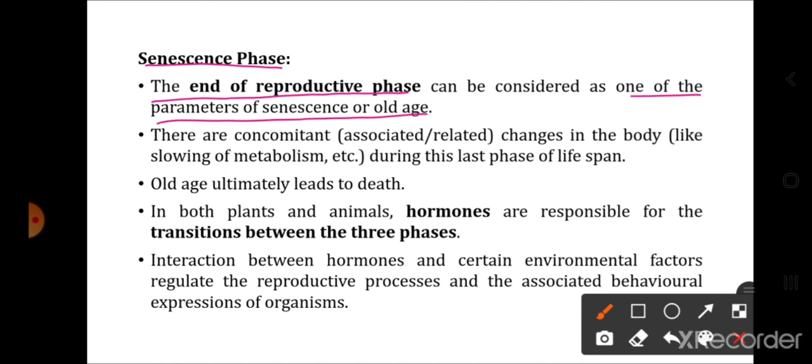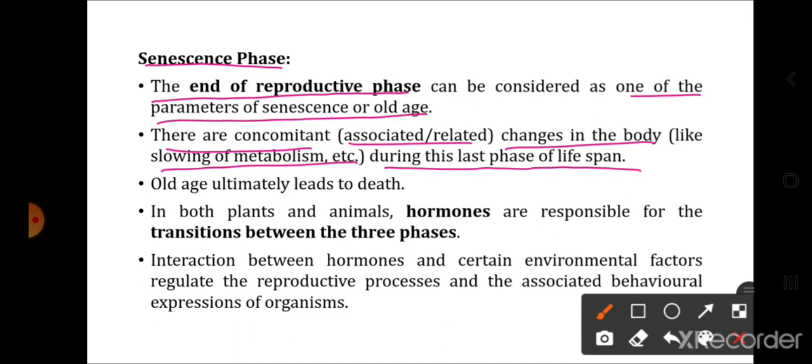So, the end of the reproductive phase can be considered as the beginning of the senescent phase. There are concomitant changes. Concomitant means associated, related, linked. There are concomitant changes in the body like slowing of the metabolism during this last phase of the lifespan. So, we will see certain related changes.